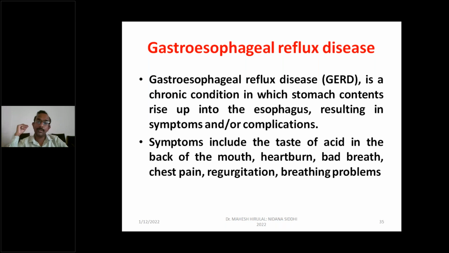But gastroesophageal reflux disease is a chronic condition where the stomach content will rise up into the esophagus, resulting in some symptoms and complications. So that person will have a classical taste of acid in the back of the mouth, heartburn, bad breath, chest pain, regurgitation, then breathing problems. These can all be seen in gastroesophageal reflux disease.